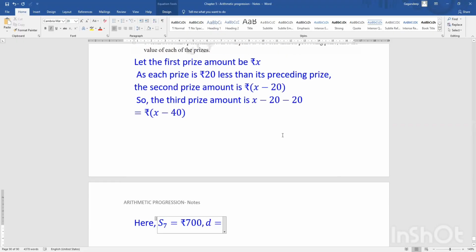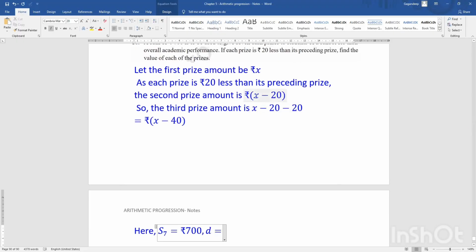It is nothing but the second term minus the first term. The second term is nothing but x minus 20. Already you have x minus 20. So take that x minus 20 and then minus x.